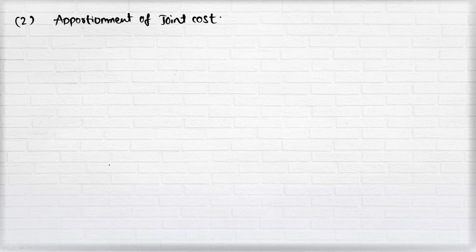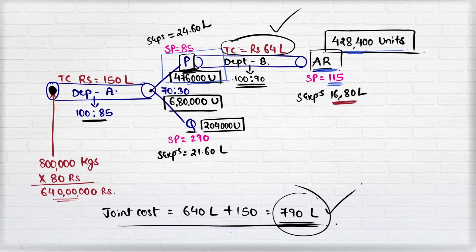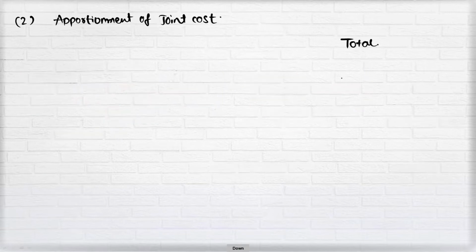All right. Let us apportion the joint cost. This is answer number 1. Apportionment of joint cost. Total joint cost is 7,90,000.